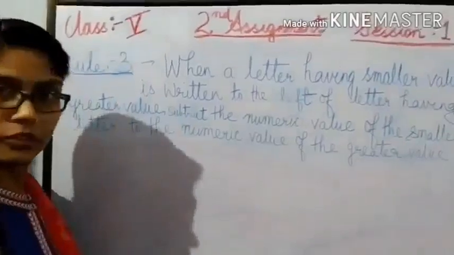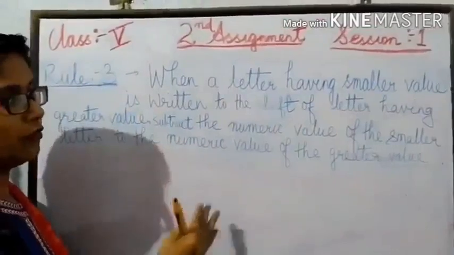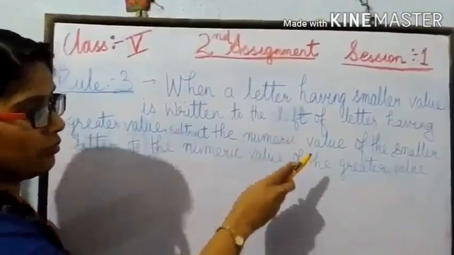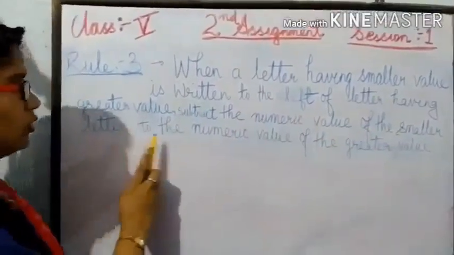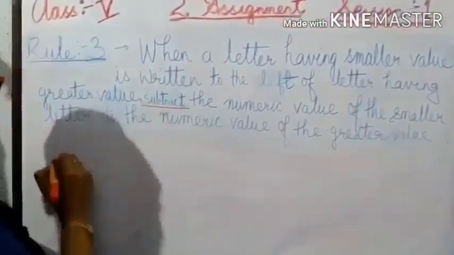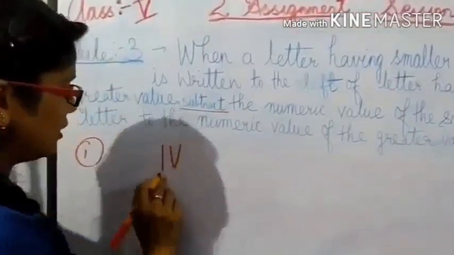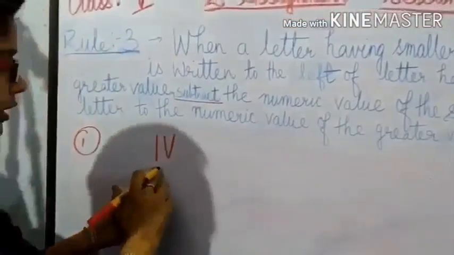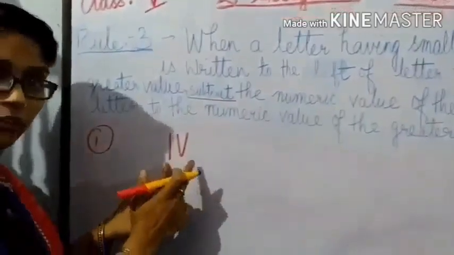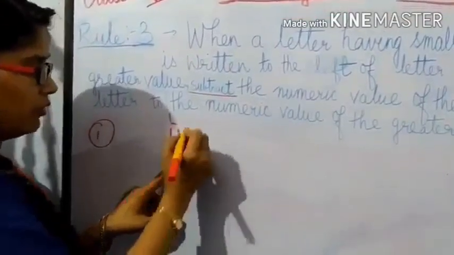Rule number 3. When a letter having smaller value is written to the left of the letter having greater value, subtract the numeric value of the smaller letter from the numeric value of the greater letter. Okay. So I am taking one example, IV. Since I has smaller value, it is standing on the left side of the V, and V is standing on the right side.